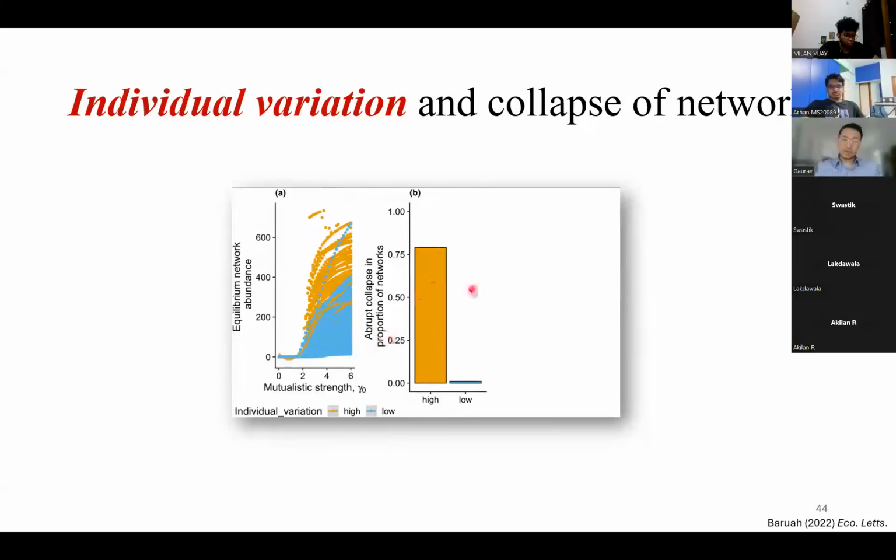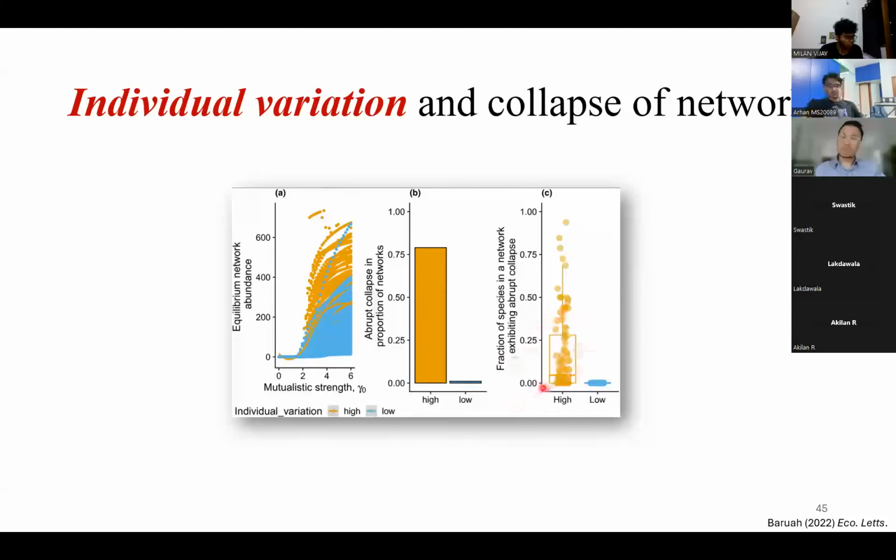What we also observe is that when networks have high individual variation, we see a lot of abruptness in such a collapse. So basically, there is a jump from high abundance to sudden collapses. But when they show low variation, we see low amount of collapses.